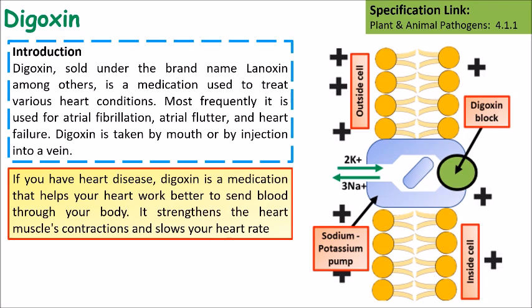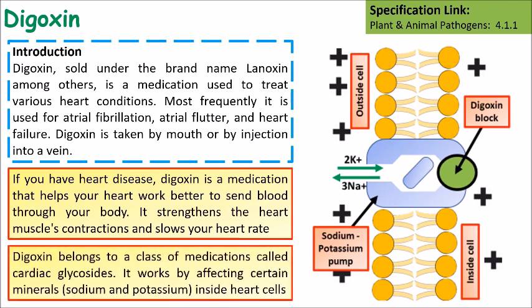It strengthens the heart muscle's contractions and slows your heart rate down. It belongs to a class of medications called cardiac glycosides. It works by affecting certain minerals, so it stops the sodium potassium pumps working within the heart cells.